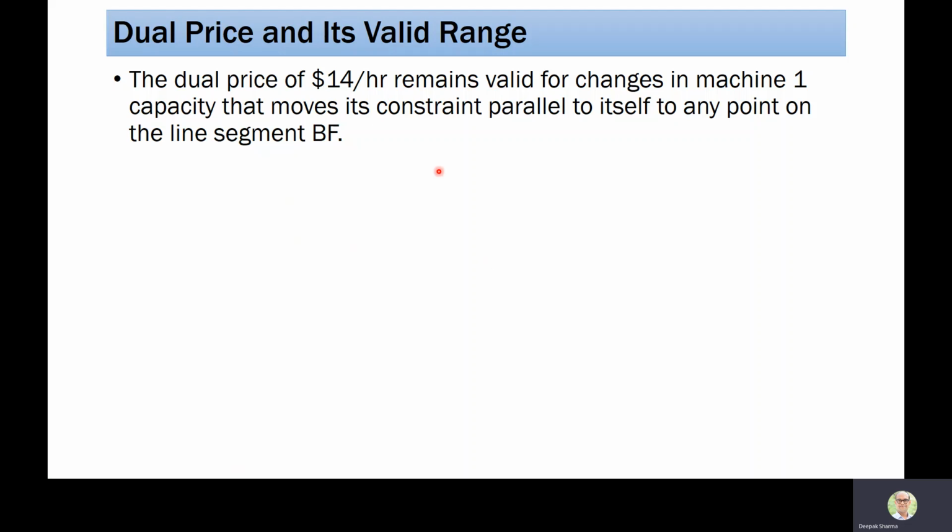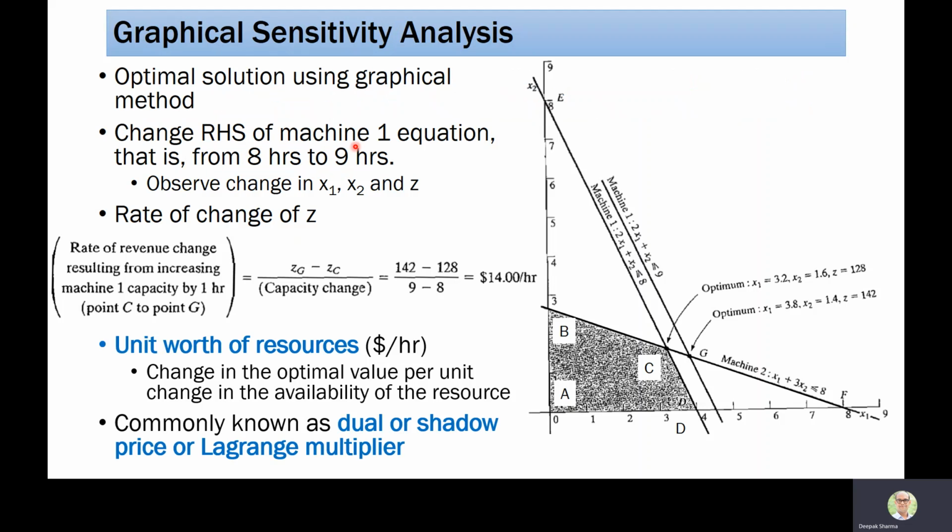Second, the dual price of 14 per hour remains valid for a change in machine 1 capacity that moves its constraint parallel to itself to any point on the line segment BF. What do we mean by that? This dual price of 14 has a range, meaning the rate will remain the same if I change the right hand side within a certain limit.